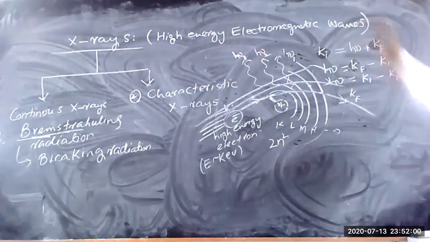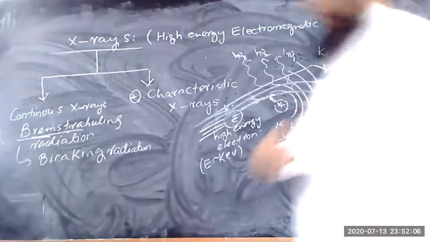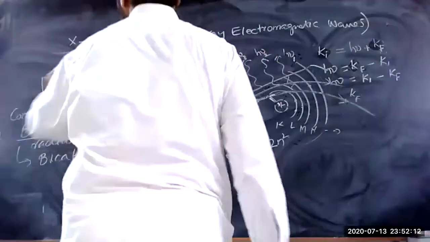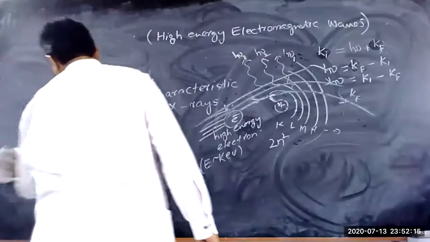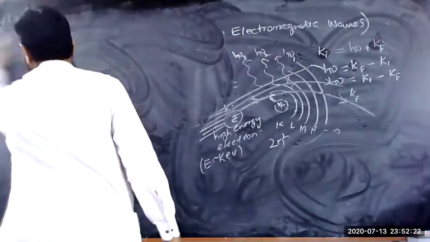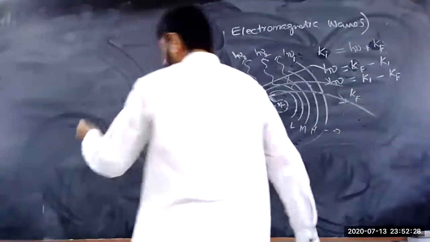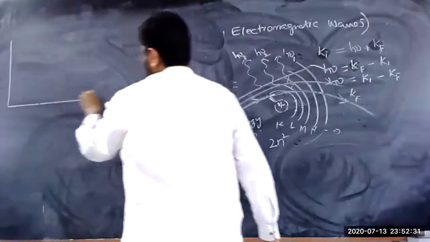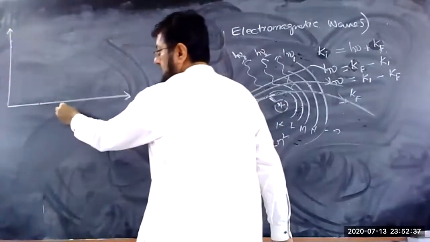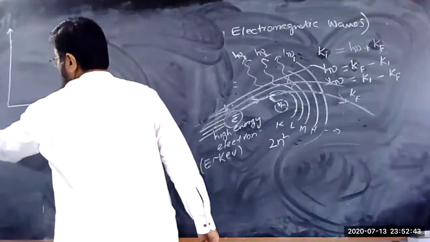So if we look into this graph, here, this is the wavelength in this axis, and this is the intensity, I. I is the intensity.